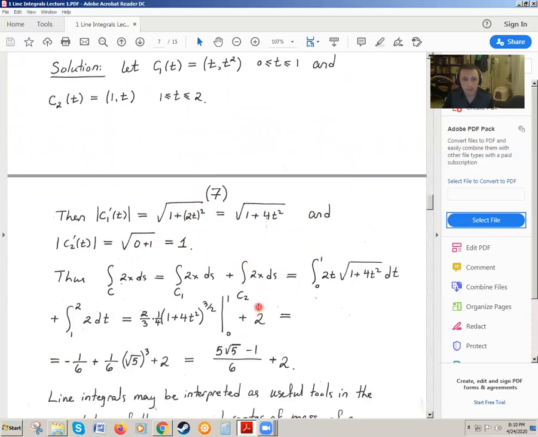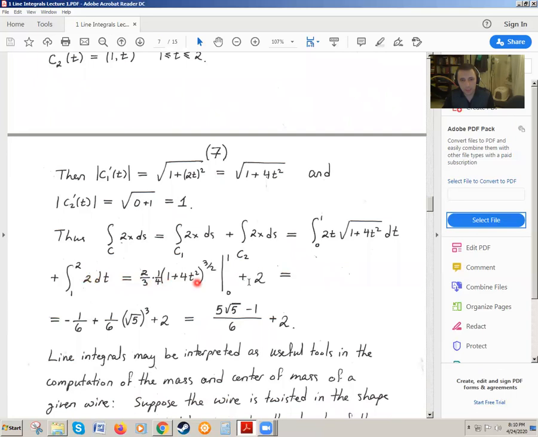So we have plus the integral from 1 to 2 of 2 times dt. And we calculate now. It's just simply a matter of calc 1. We use u substitution. You can see that the derivative of 4t squared is essentially like 2t. So with a few simple manipulations, you get this number. The result, once you finish calculating, is (5 root 5 minus 1) over 6, plus 2.